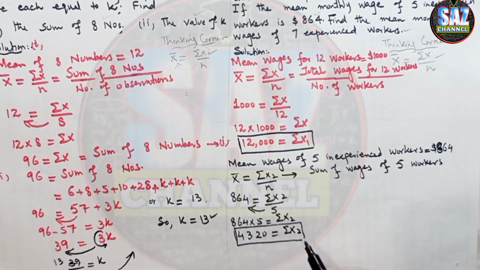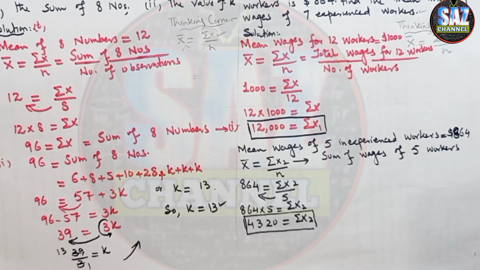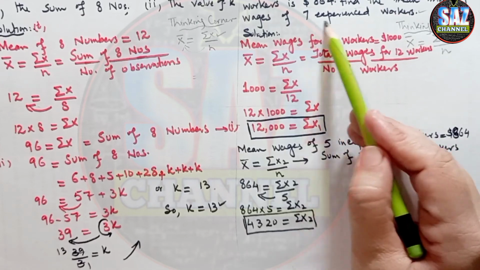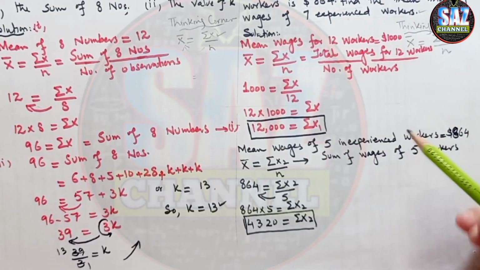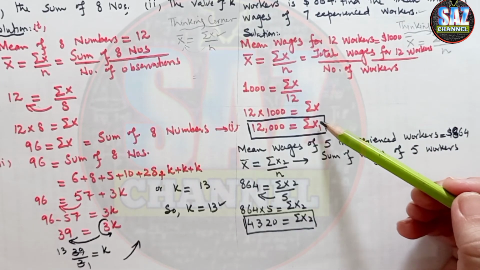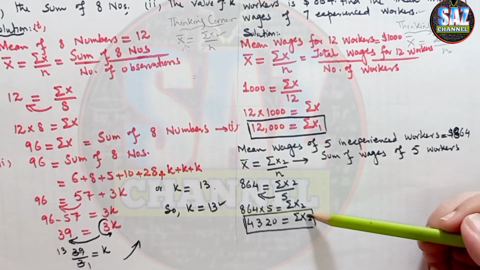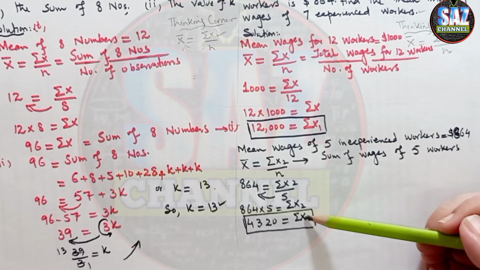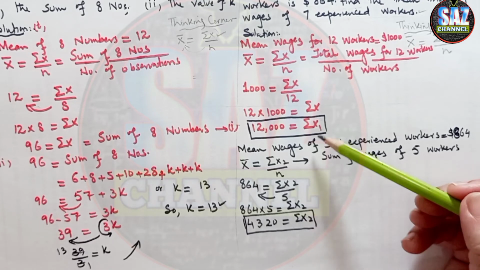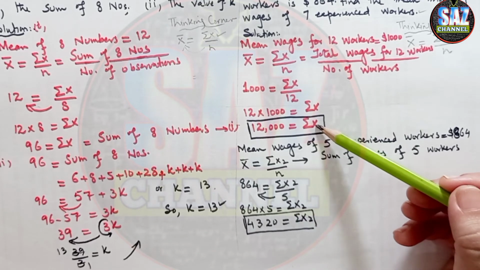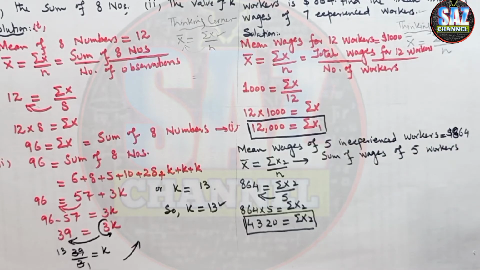Okay, now read the question. Find the mean monthly wages of 7 experienced workers. If from the total wages of 12 workers I take away the total wages of 5 inexperienced workers, I can get the total wages of 7 experienced workers.